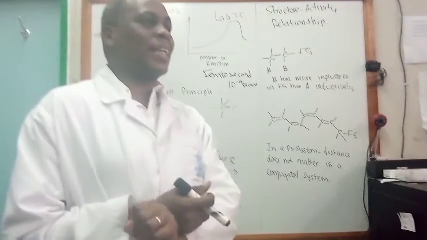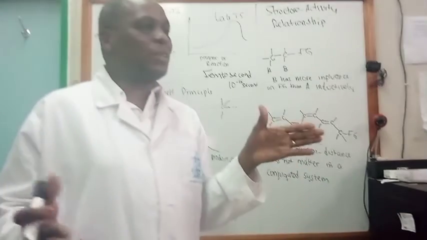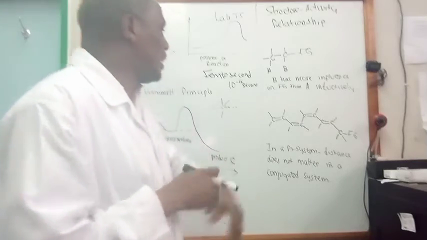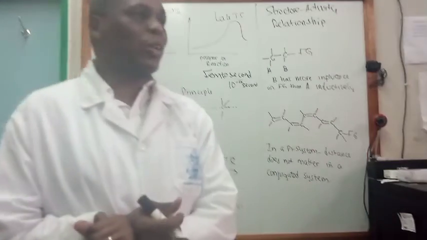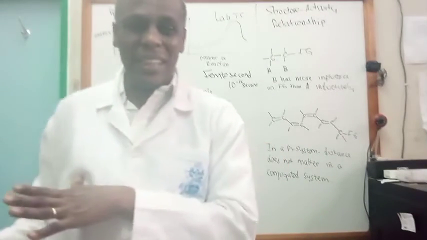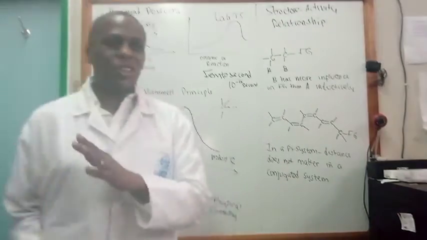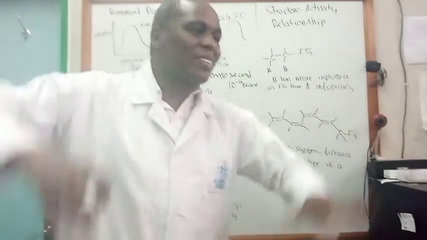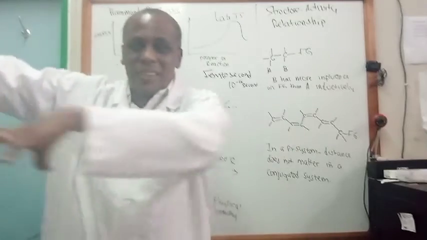In chemical reactions, there's a difference between the starting materials and the products. But what you're going to see later in some reactions, which we are going to call pericyclic reactions, where there is no intermediate, there's a relationship between the starting materials and the product, and therefore the structure of the starting material determines the products.